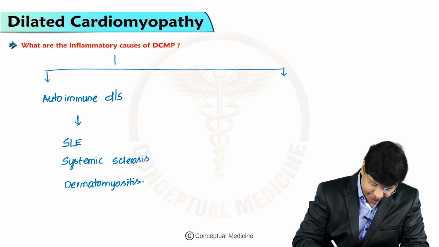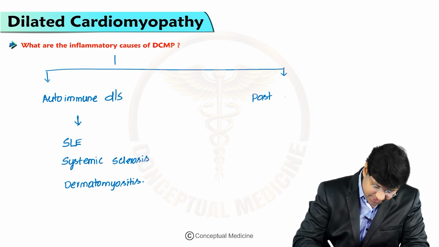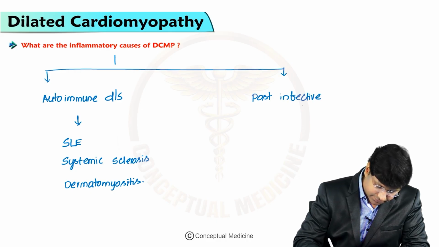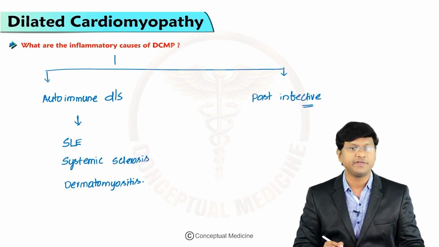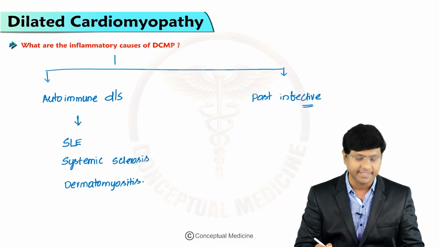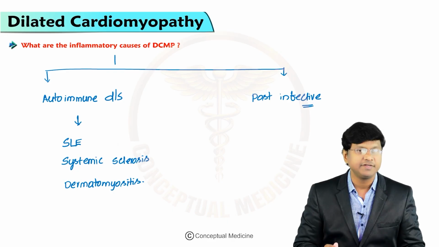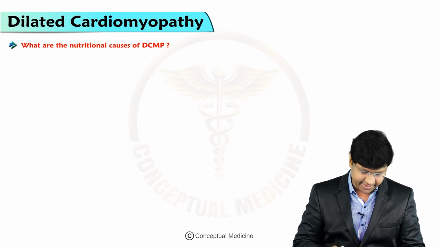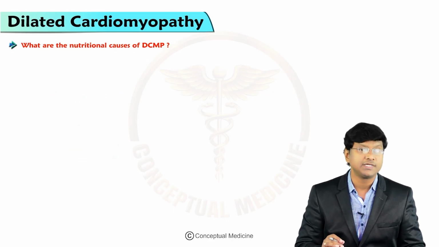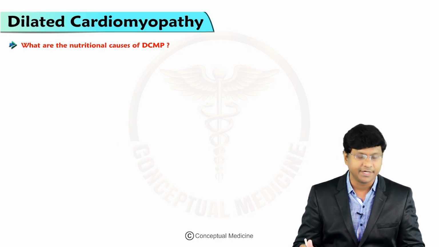Followed by that, we also have some post-infective causes which will cause dilated cardiomyopathy. Then, after having discussed the inflammatory causes, you need to know the nutritional causes of dilated cardiomyopathy.